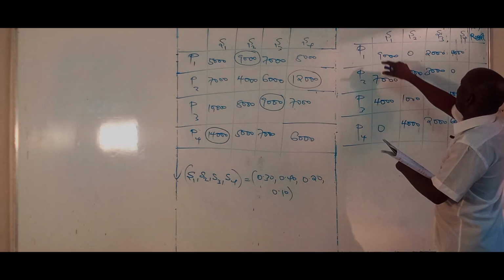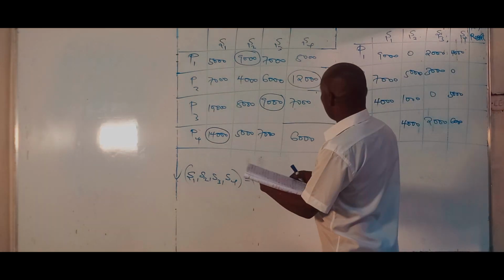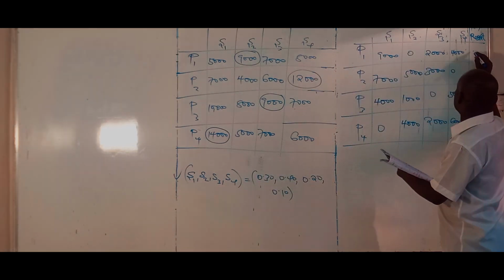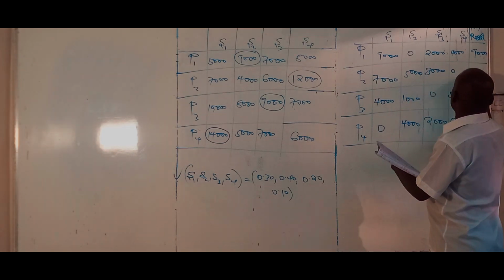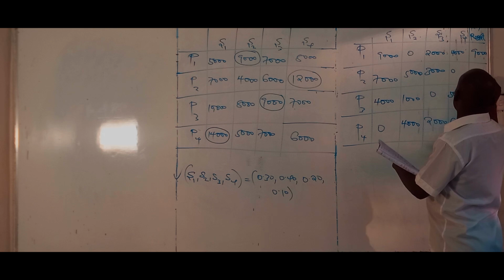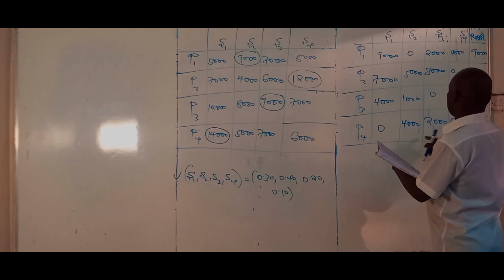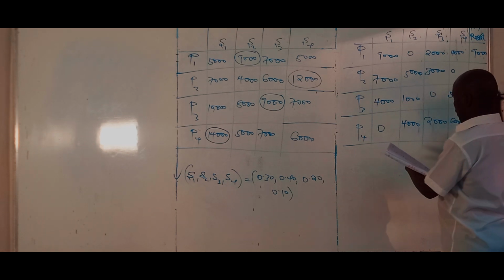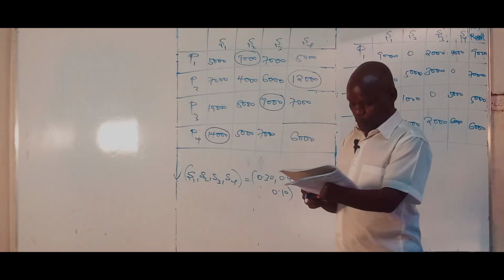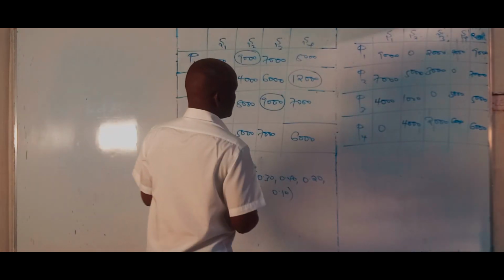So for maximum regret, we pick the maximum for each product. The maximum for product 1 is 9,000. The maximum for product 2 is 7,000. The maximum for product 3 is 5,000. And the maximum for product 4 is 6,000. Now, the maximum of the maximums is 9,000.